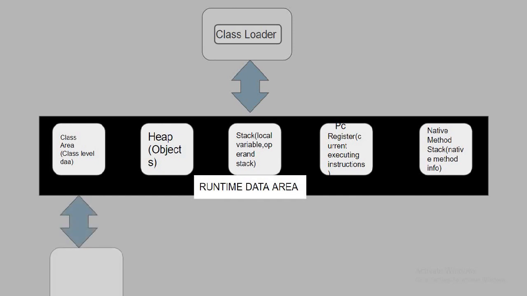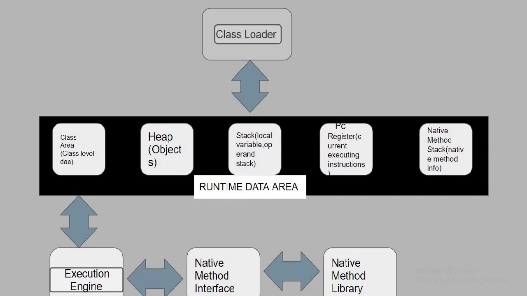In the execution engine, we have three parts: interpreter, JIT compiler, and garbage collector. And we have another two things: native method interface and native method libraries. As we have already discussed, I'm not going to discuss these two components more.